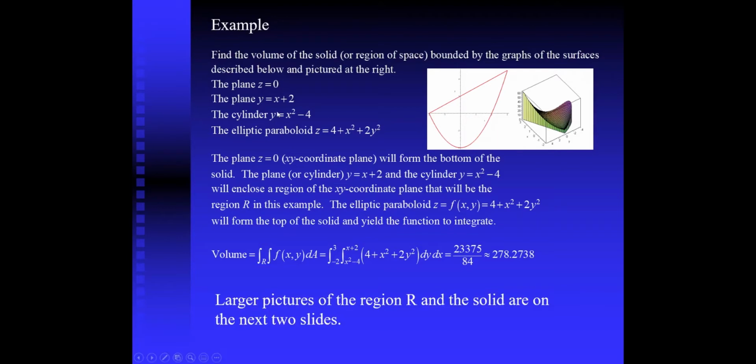Just take that parabola and draw all the lines through the parabola perpendicular to the xy coordinate plane, going in the z direction. You get the surface in space. You can see a little bit of it here. One side of this solid is this cylinder. The other side is this plane, and the plane z equals 0 is on the bottom, and this elliptic paraboloid is the top.